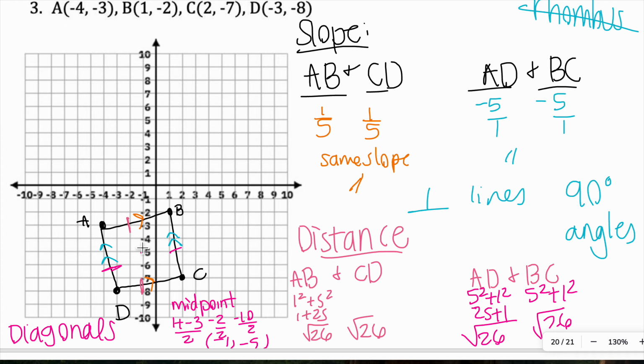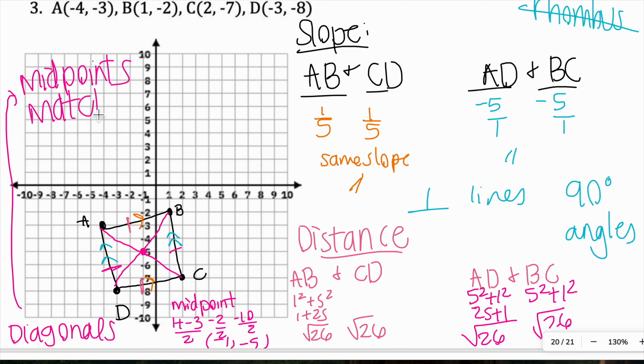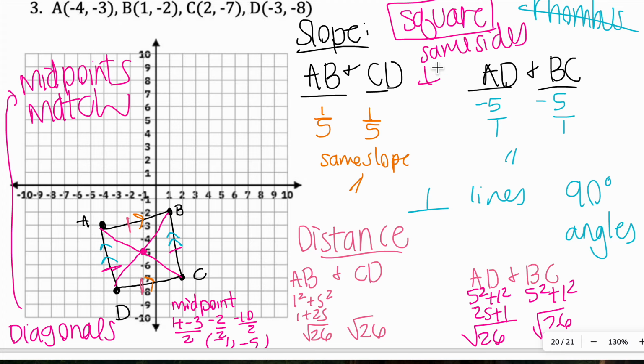So -1, -5 is the midpoint for BD, and it's also going to be the midpoint for AC. So with their diagonals, their midpoints match. Okay, so that's another way that you can prove that this could be not a rectangle, but a square. Okay, your square is going to have same sides, perpendicular slopes to show those 90-degree angles, and your matching diagonals.